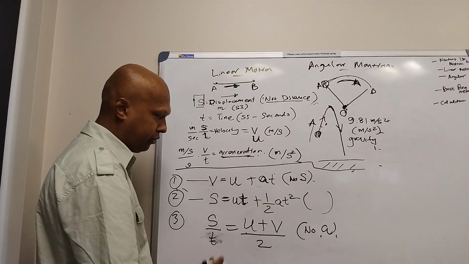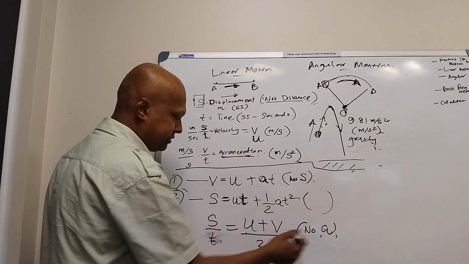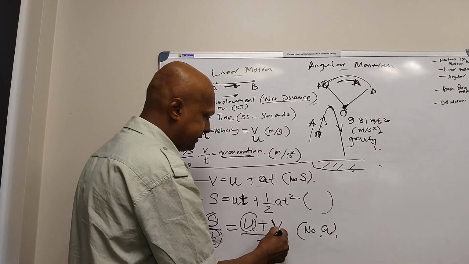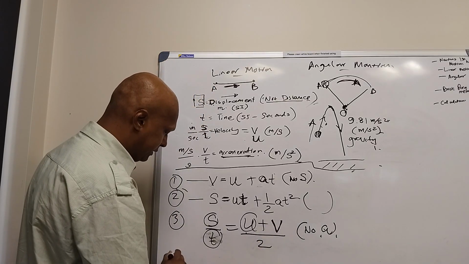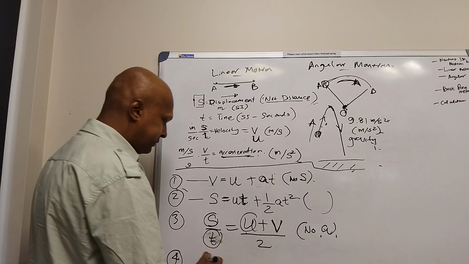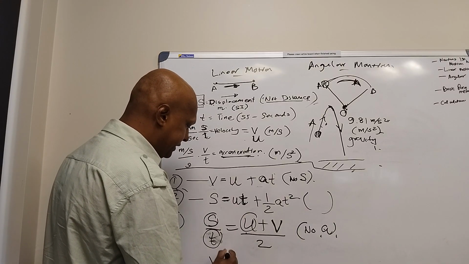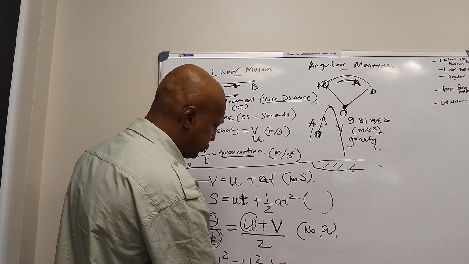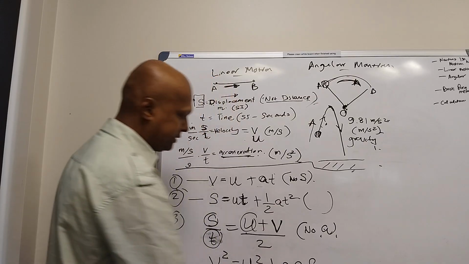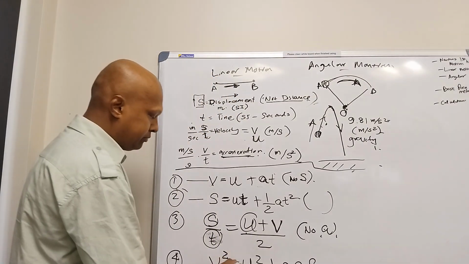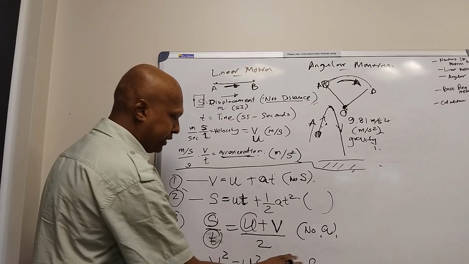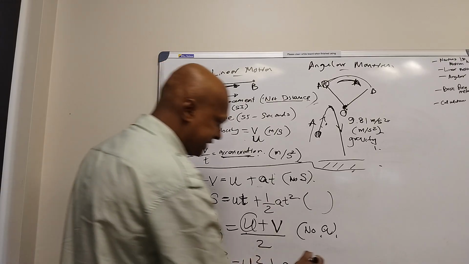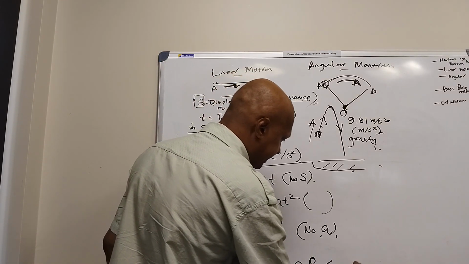If we don't know the acceleration but we know the other parameters, then we can find V. And the fourth equation is V squared equals U squared plus 2AS. In this equation, we don't have T. There's no T in it.